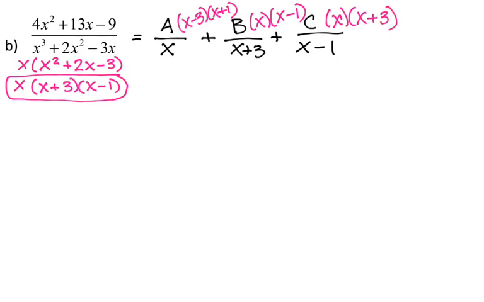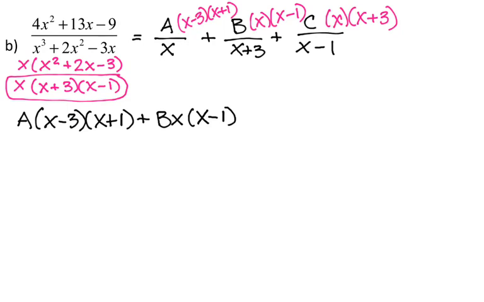Now I'm going to rewrite this because I think it looks a little weird and I still need to work through the distribution. So I'm going to rewrite it as A times x minus 3, x plus 1, plus B times x and x minus 1, plus C times x and x plus 3.